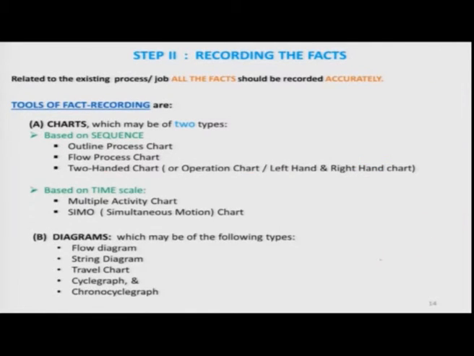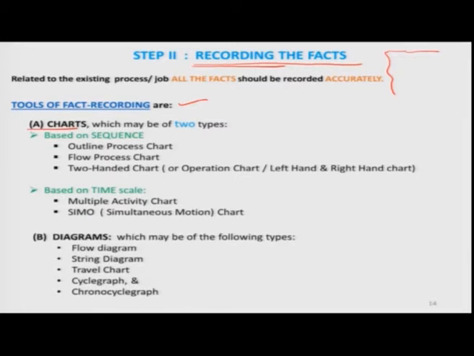Now, second step of a method analysis, that is recording the facts. So, whatever you are visualizing or analyzing in an industry, you will have to make a documentation of that. So, for that you will have to record those things. There are various tools involved in recording for fast recording purpose.